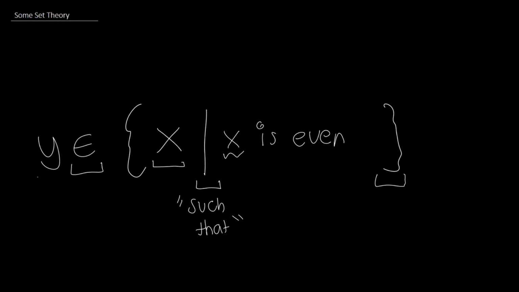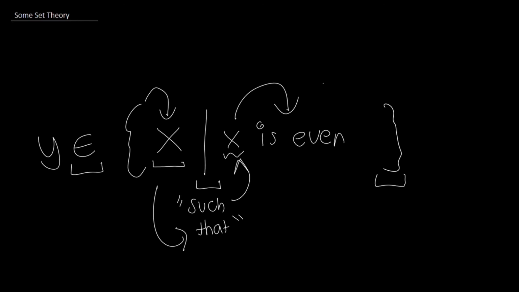So if we try to translate this entire statement over here into English, we'll have y is part of the set which contains a mathematical object such that those mathematical objects are even, and that's it, okay?